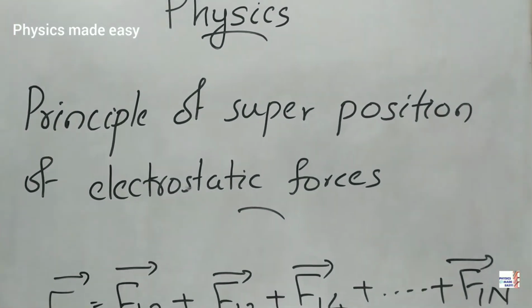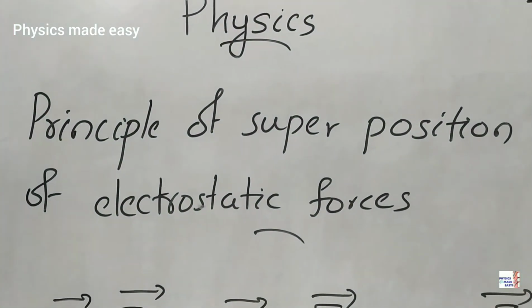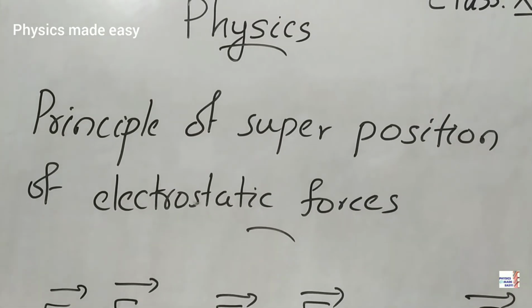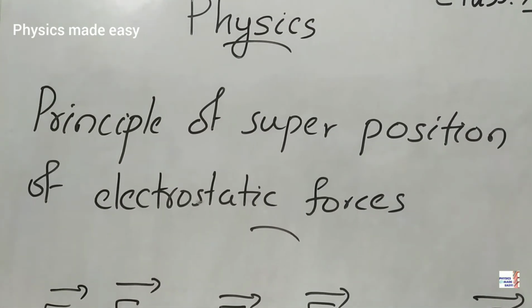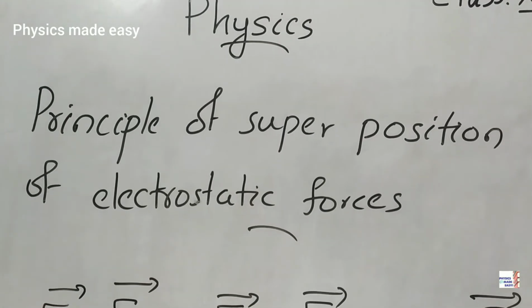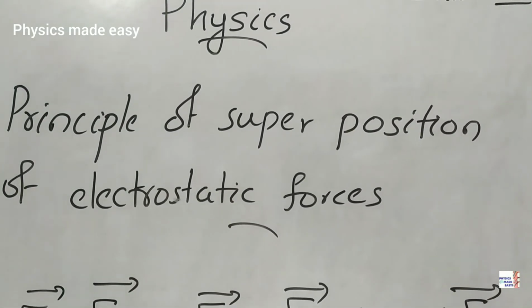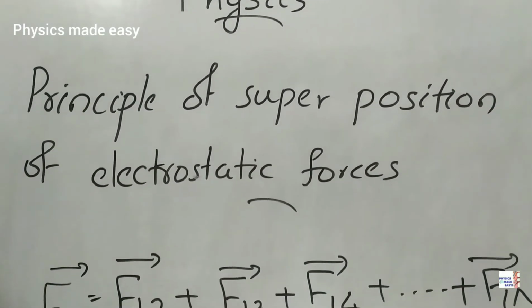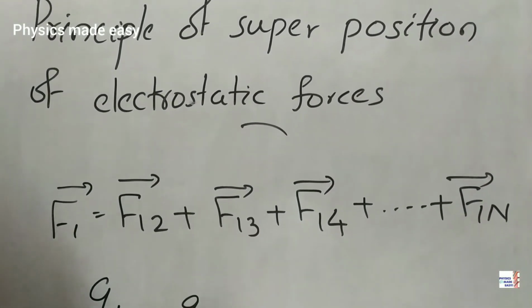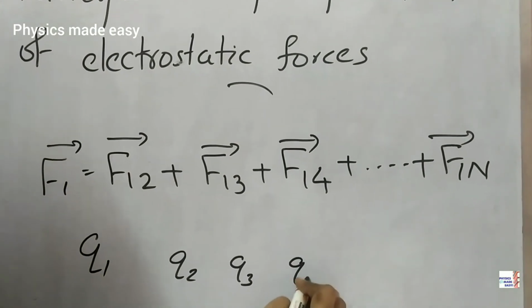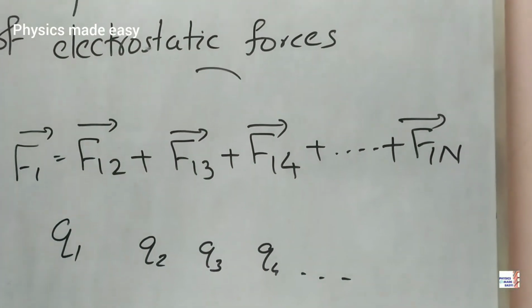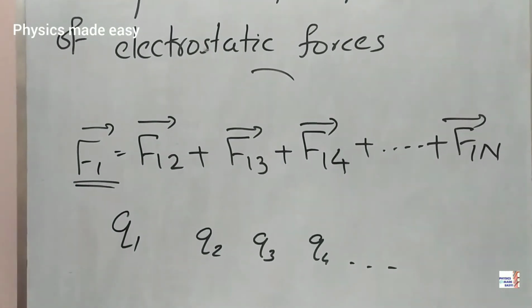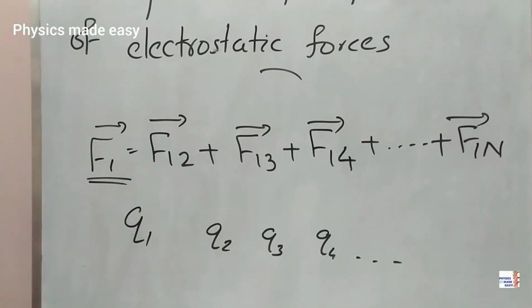Principle of superposition of electrostatic forces. This principle states that when a number of charges are interacting, then the total force on a given charge is the vector sum of the forces exerted on it due to all other charges. Here you can see we can consider q1 is one charge, q2, q3, q4, etc. So many charges are there in a system. Now we are considering F1, the force acting on the charge q1 by all other charges.